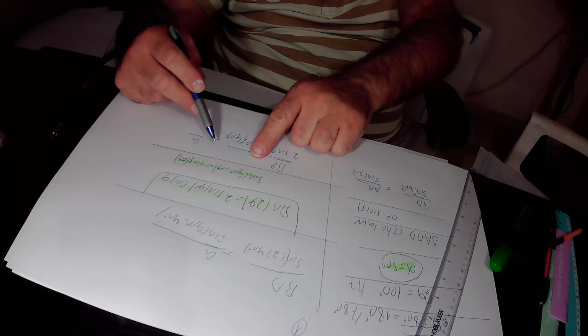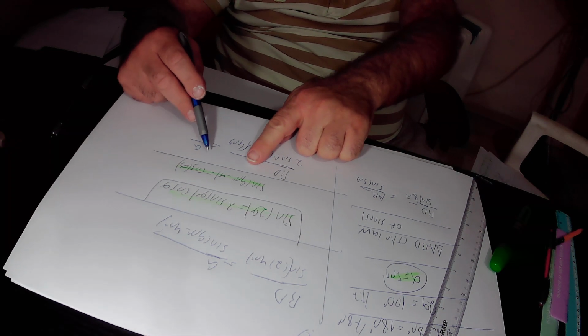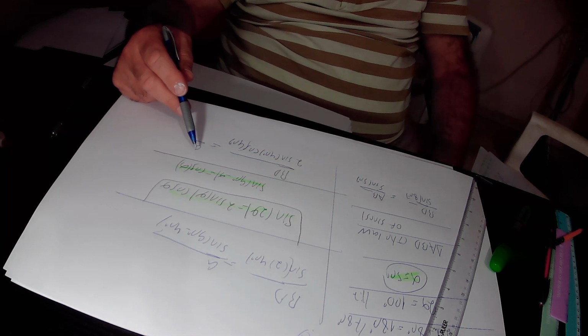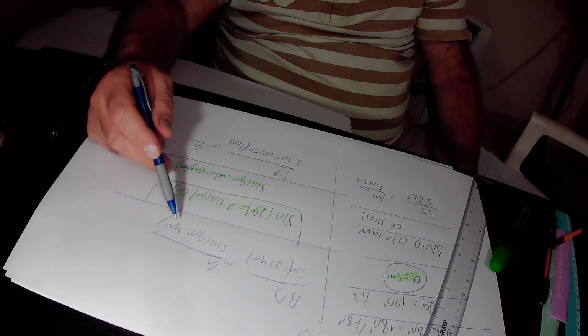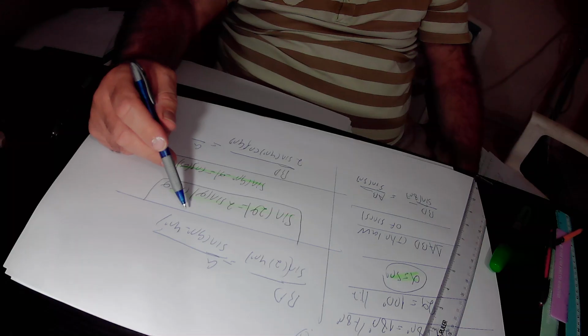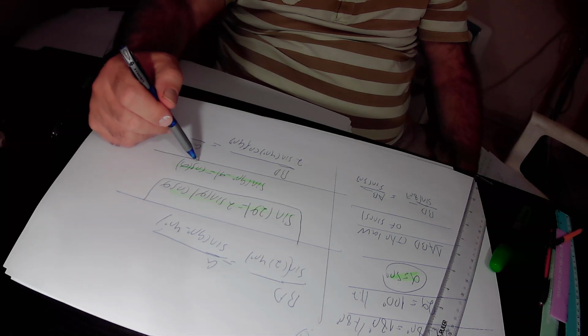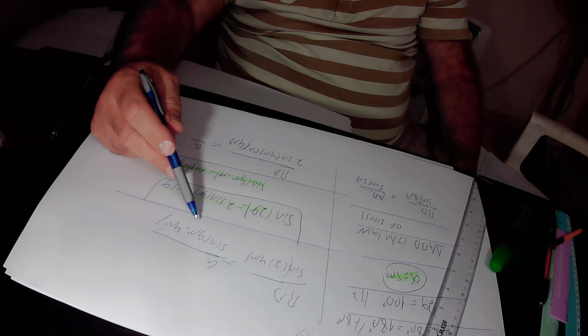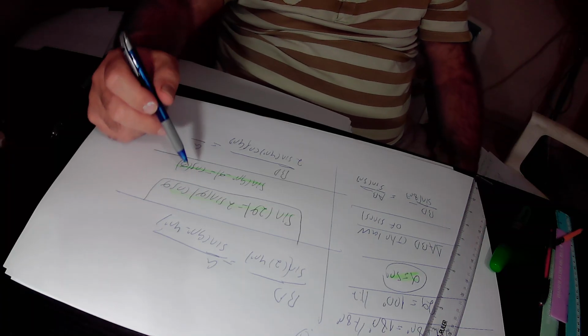According to the second identity, sine 90 degrees minus 40 degrees equals cosine 40 degrees.